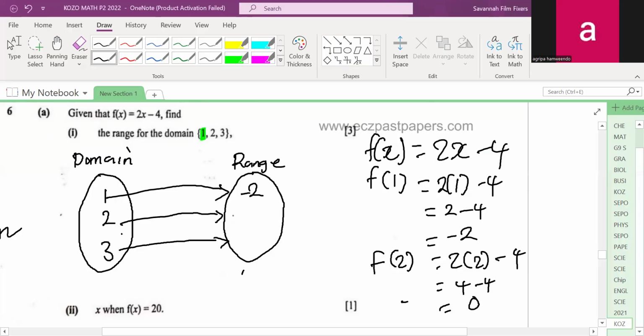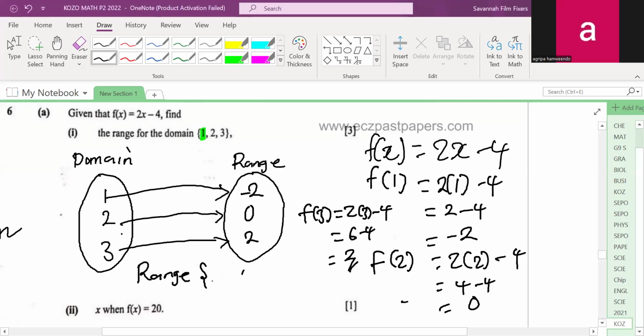And then finally, if we plug in 3, we're going to get +2, right? Therefore, our range of values will be -2, 0, 2. So we have a domain giving you a range based on the image of the function.